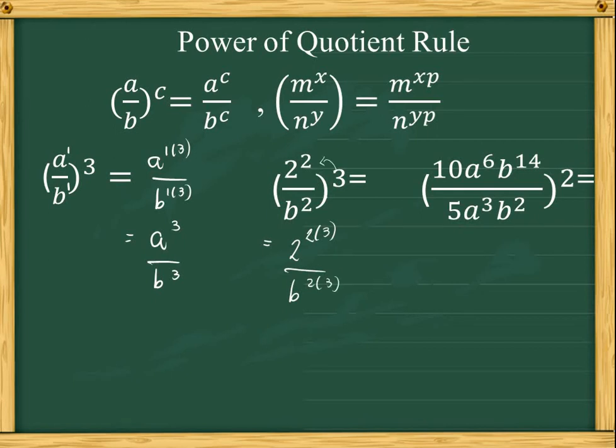So, we just multiply the exponent by the exponent. Simplifying this one, 2 raised to 3 times 2 is 6 all over b raised to the 6th power. Again, 2 is not yet simplified. 2 times 2 is 4, times 2 is 8, times 2 is 16, times 2 is 32, times 2 is 64. All over b raised to the 6th power.